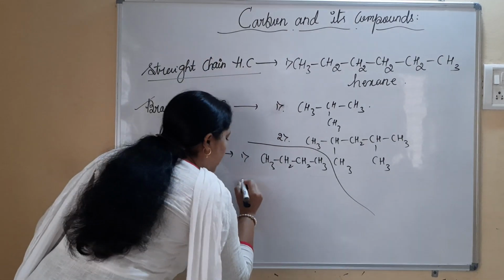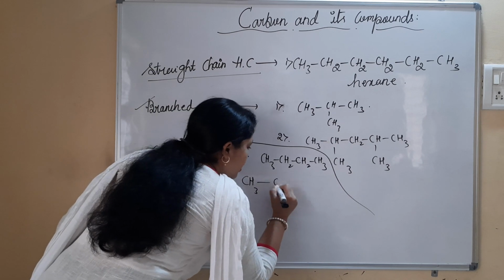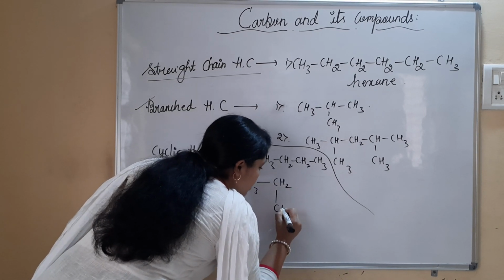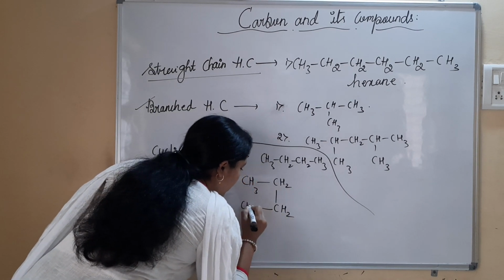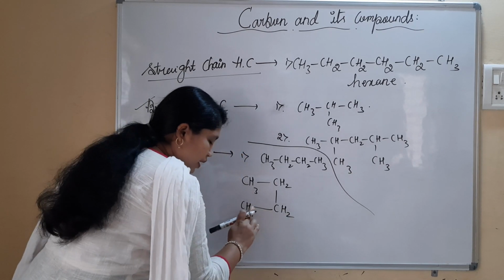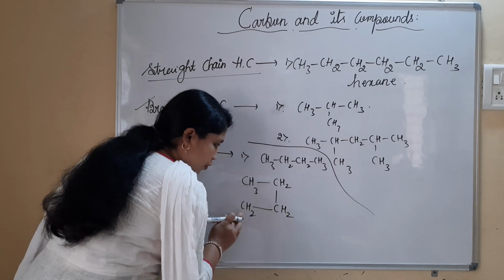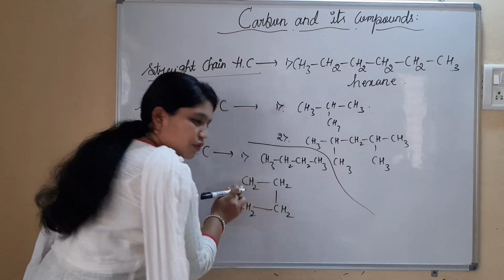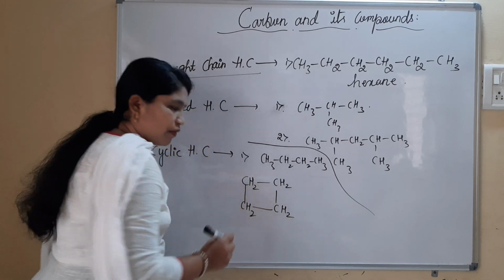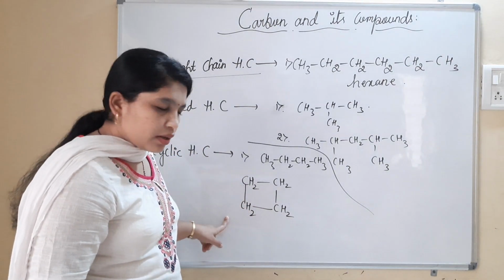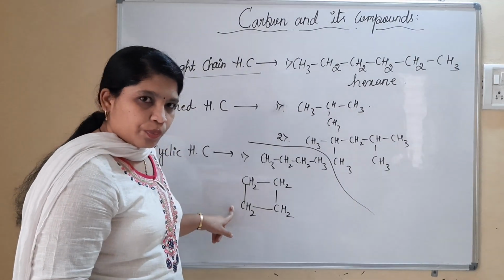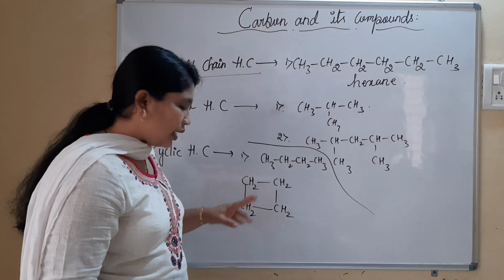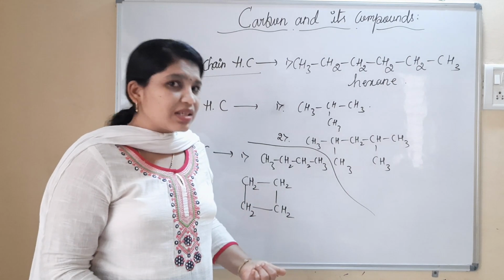How? See, I have CH3, here I have CH2, this is CH2, then I have CH3. Just by removing one hydrogen from here and one hydrogen from here, I can make a bond between these two, because one bond needs two hydrogen atoms to participate.